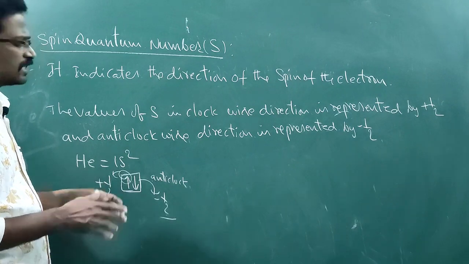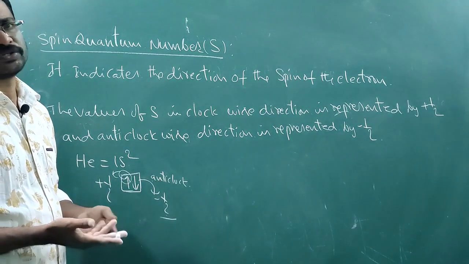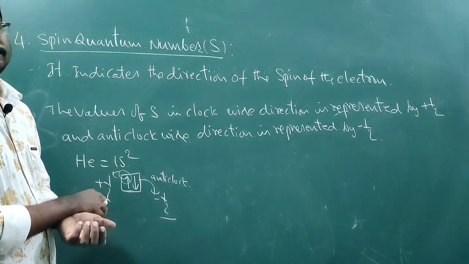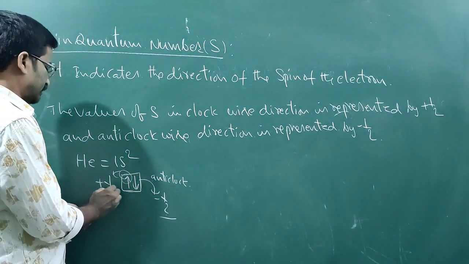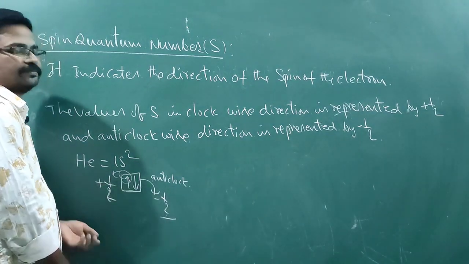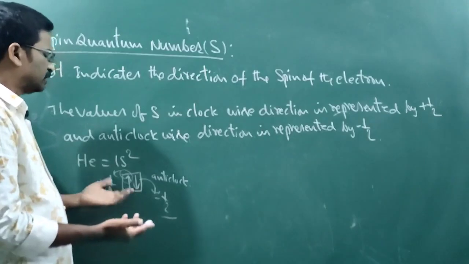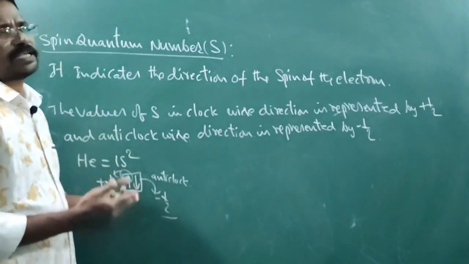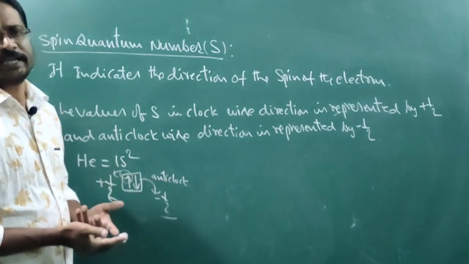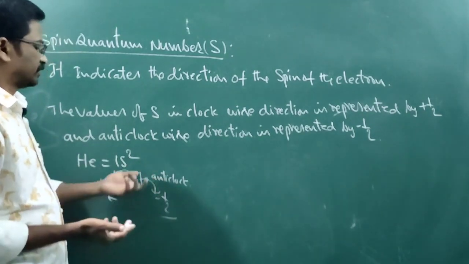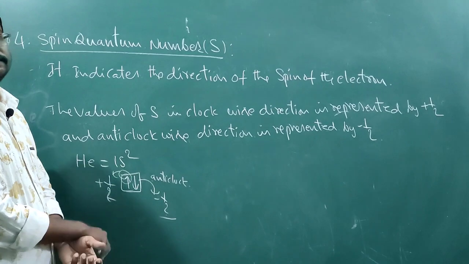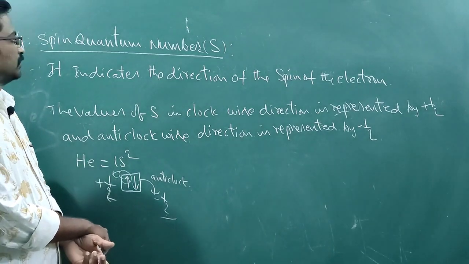One is plus half, and the other simultaneously is minus half. One electron is in the clockwise direction, and the other electron is in the opposite direction.